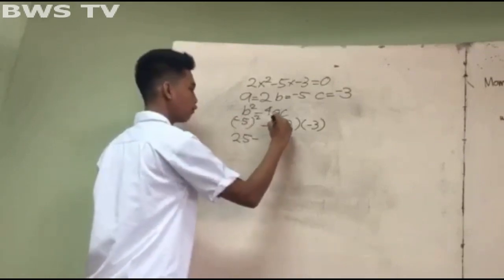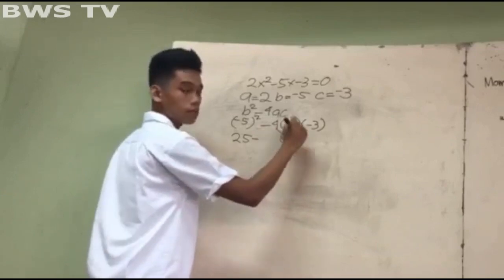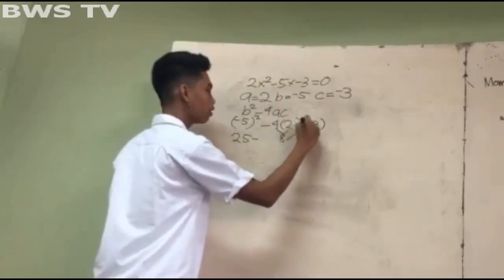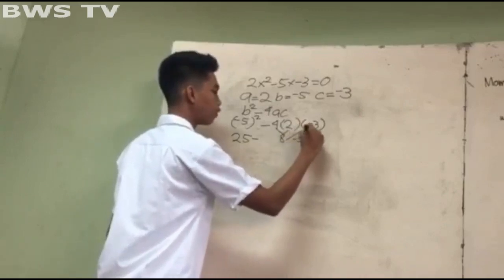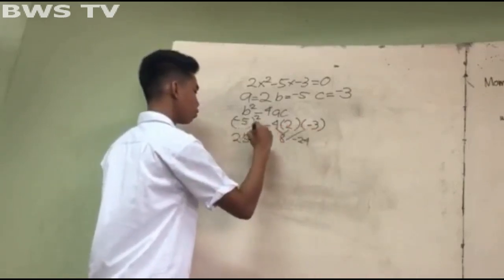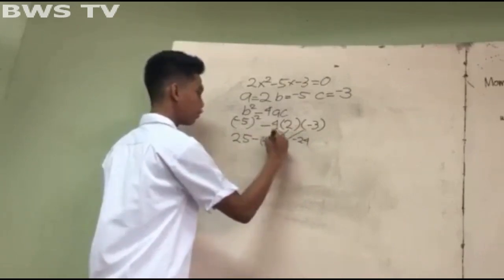Minus 4 times 2 is 8. And 8 times negative 3 is negative 24. So 25 minus negative 24.